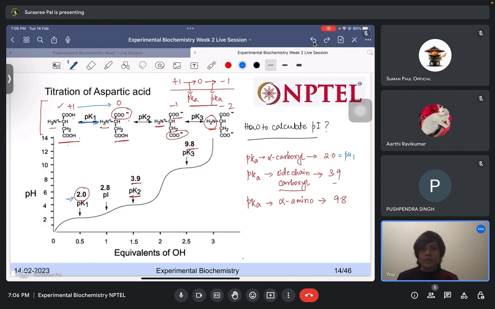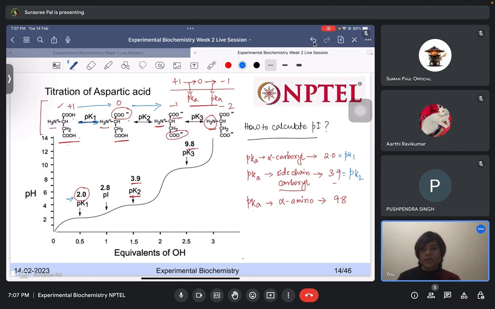What is the pK? Please tell me. Yes, exactly. Very good. So this one is the pK2, 3.9, which is the pK2 value or the pH value where the charge of the molecule is changing from 0 to -1.